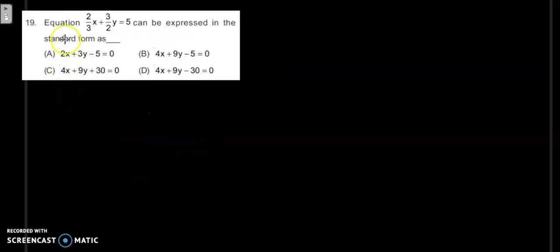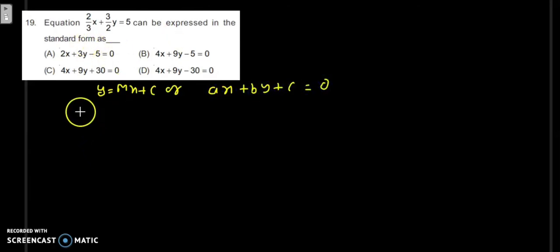Question number 19. Express the equation in standard form. Standard form means y equal to mx plus c or ax plus by plus c equal to 0. So simply we will take the LCM. 2 by 3 x plus 3 by 2 y equal to 5.